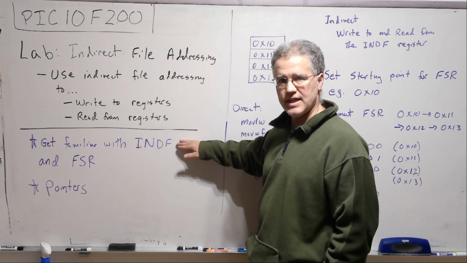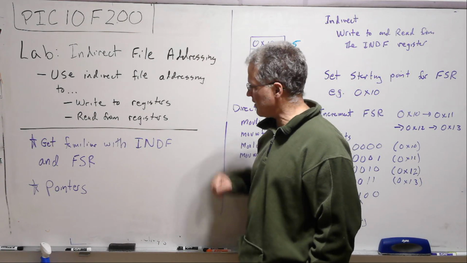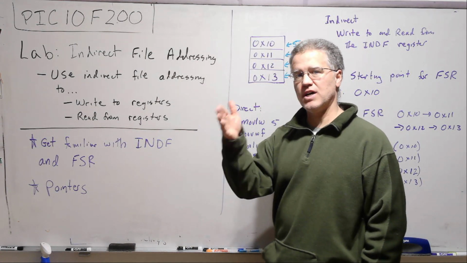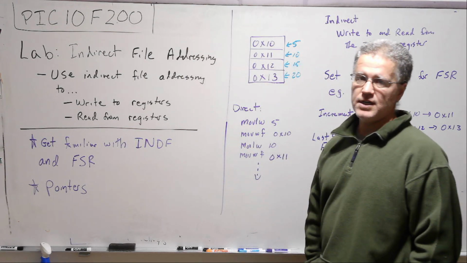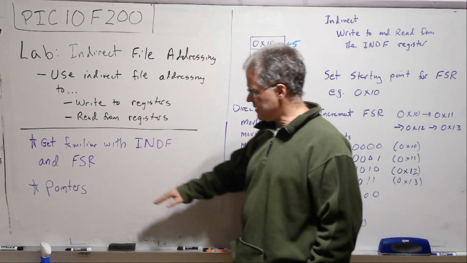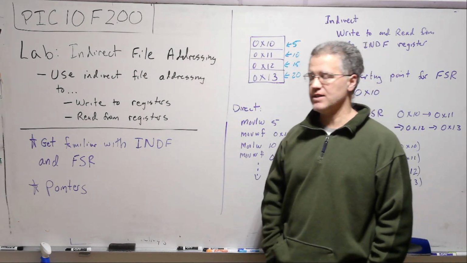This is for indexing the indirect file references, and then the file select register helps us run sequentially through the different memory registers. This is an example of a pointer, so it's pointing to a memory address.